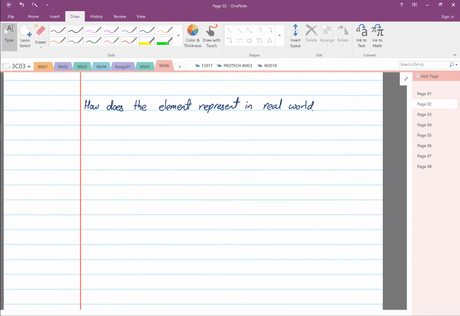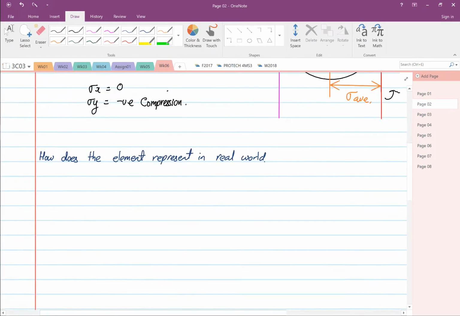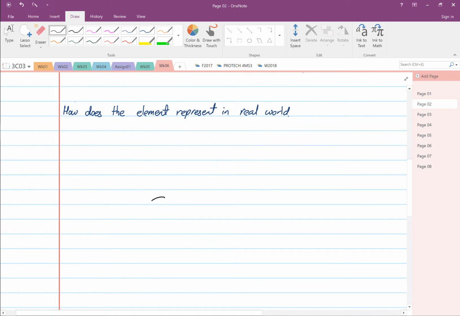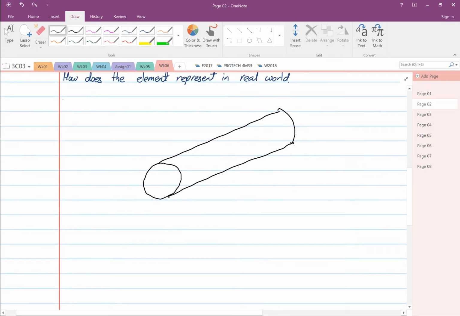So if now you have a shaft, right, and the shaft is under different type of stress. Okay, so you have force 1 over here, you got force 2 over here.